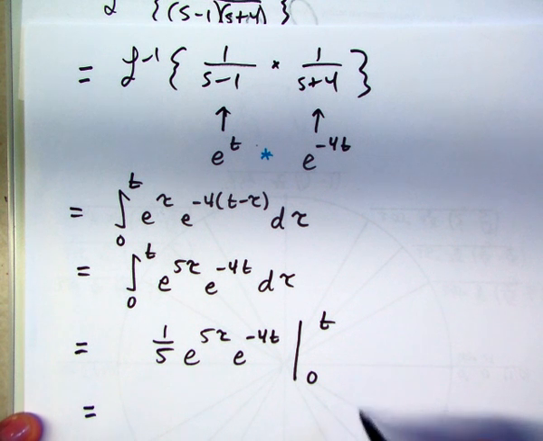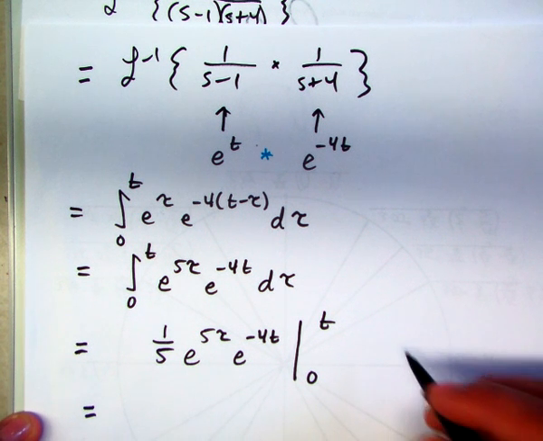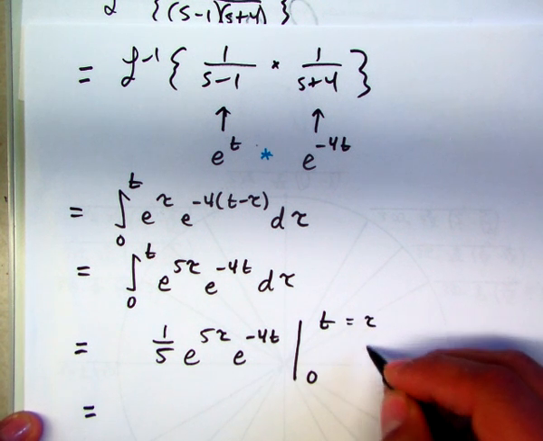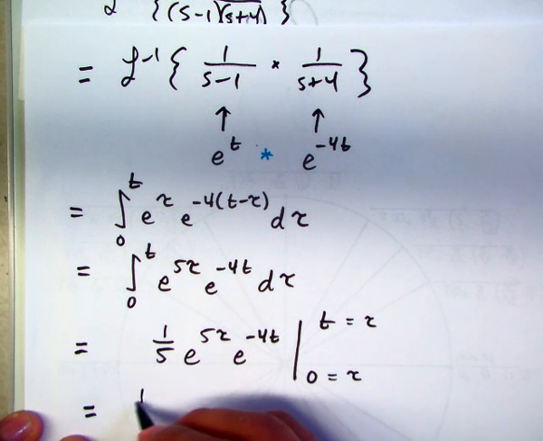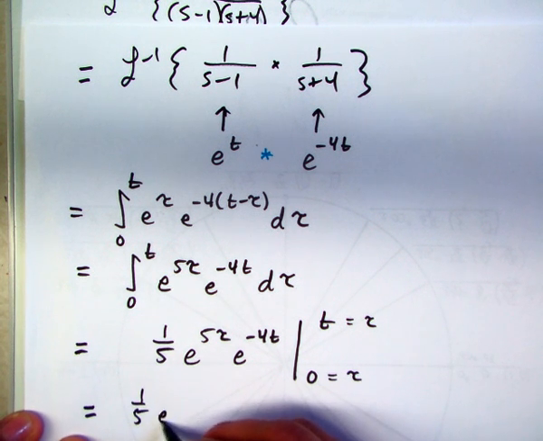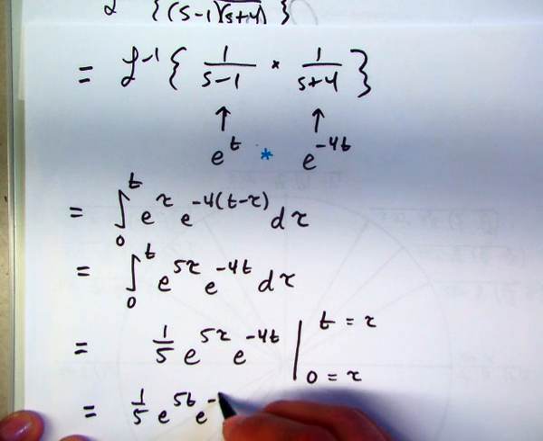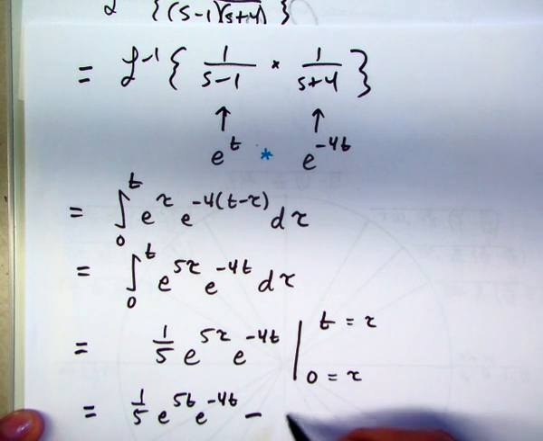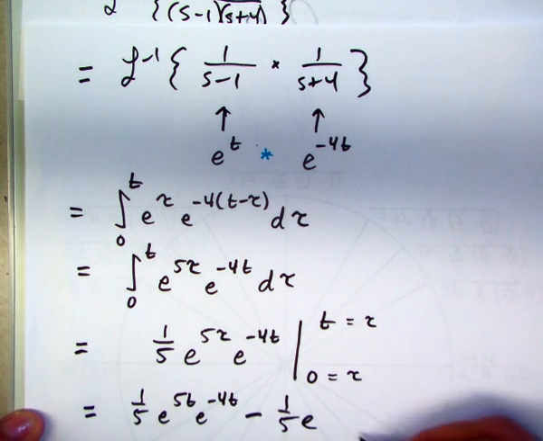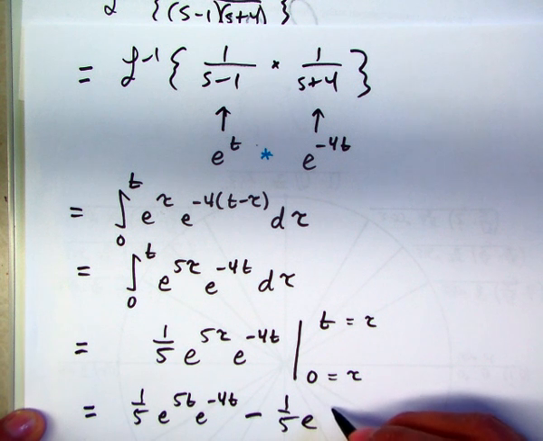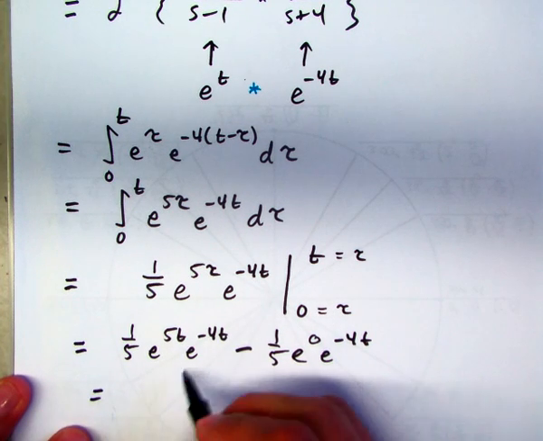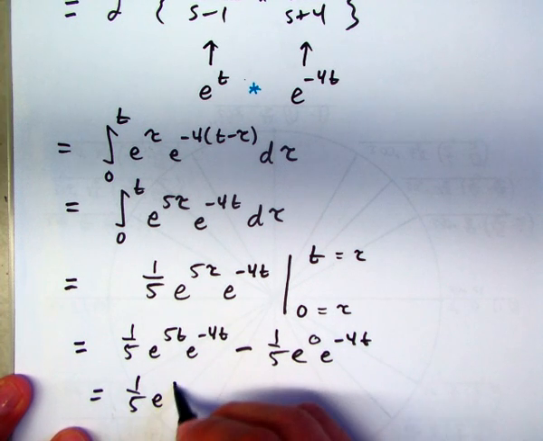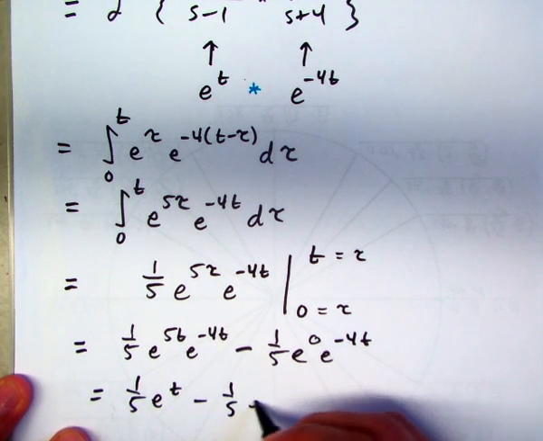So when you plug in tau equal to t and tau equal to 0, let's see, we get 1/5 e to the 5t times e to the negative 4t minus 1/5 e to the 0 e to the negative 4t. And now we just clean up our answer: 1/5 e to the t minus 1/5 e to the negative 4t.